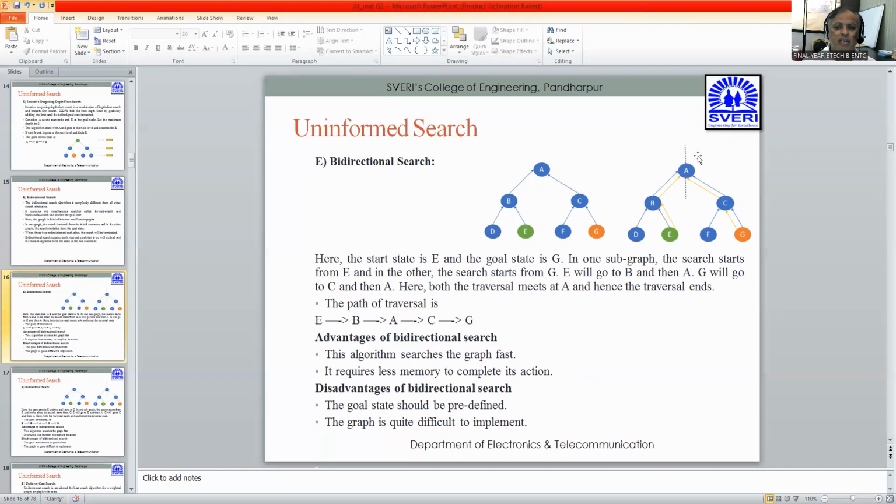Now as there are very few nodes here, it looks simple, but if the nodes are very large, then you will have a number of subgraphs also. So the number of subgraphs will be more, and then reaching that particular point will be difficult to identify. And henceforth, these two are the most important drawbacks: it is difficult to implement, and second, the goal state has to be predefined.